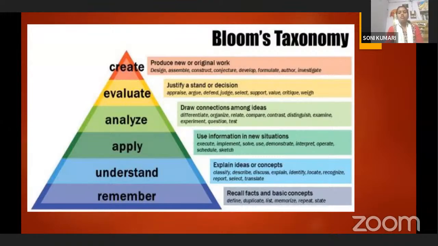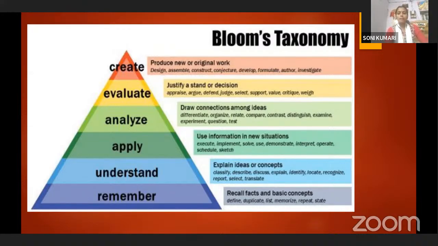Coming to the next, understand. Explaining ideas or concepts is known as understand: classify, describe, discuss, explain, identify, recognize are called understand.